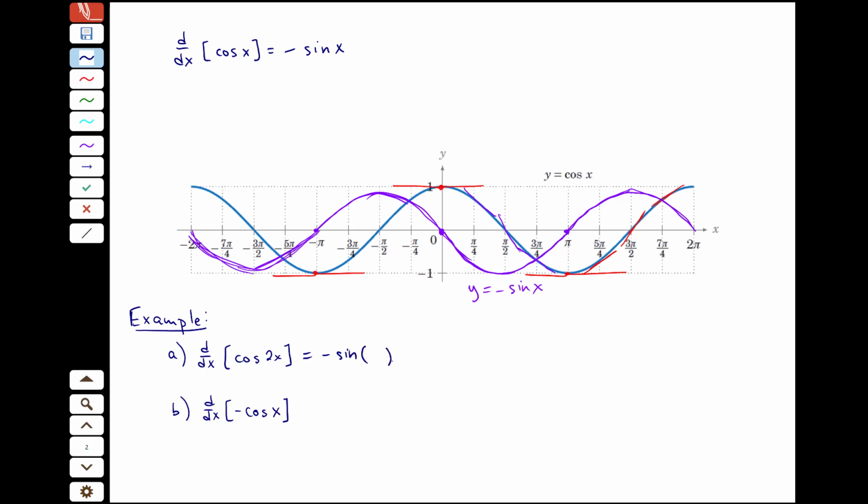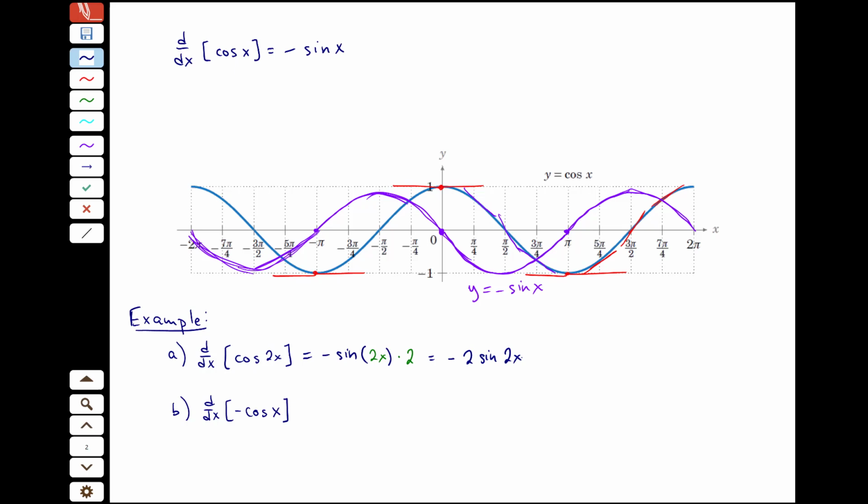Our inside function is this 2x, and so that goes inside of sine, and then I have to multiply by the derivative of 2x using the chain rule. And the derivative of 2x is just 2. And so overall, when I simplify this, I end up with minus 2 sine of 2x.